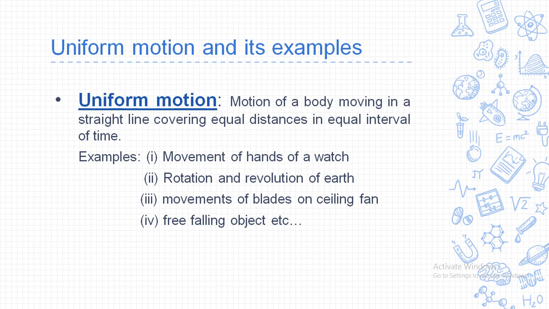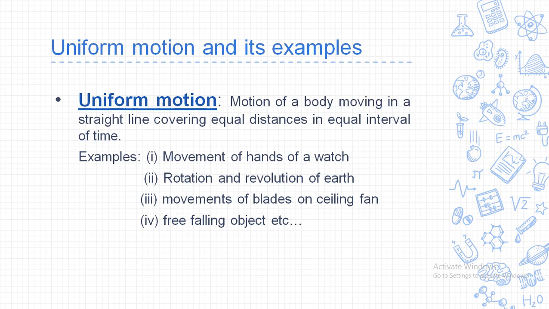Another example is the hands of the watch: second, minute and hour. You see that after completion of every 60 seconds, the second hand comes back at 12. So it is covering the same distance in a given time interval, and it is said to be in uniform motion.